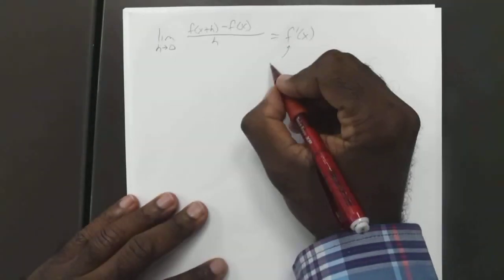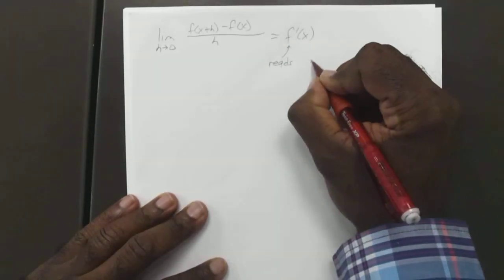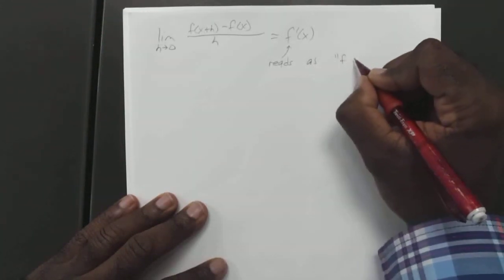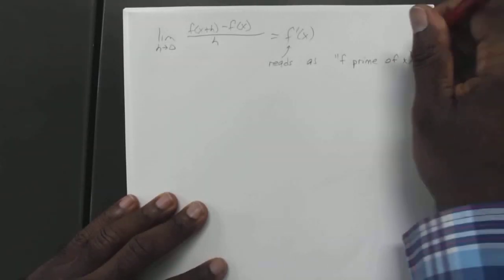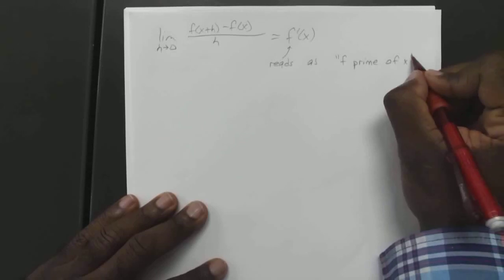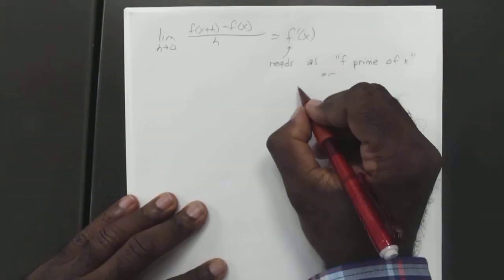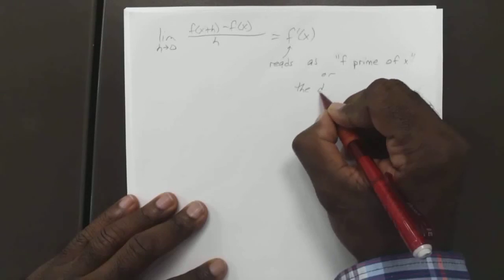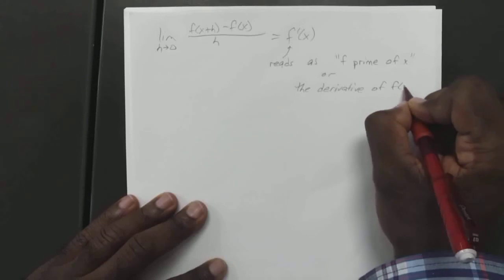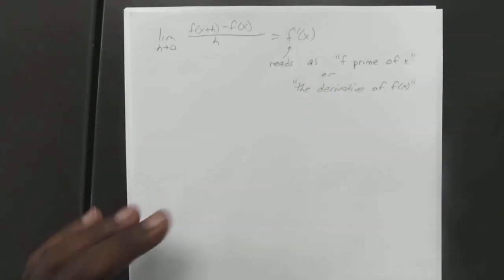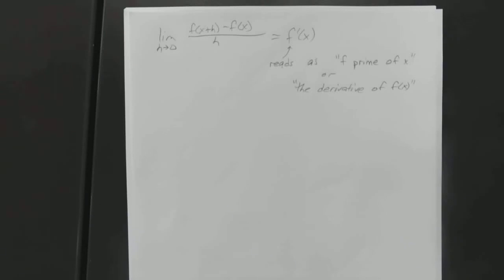So this can be read one of two ways: f prime of x, or the derivative of f of x. Okay, so if you see the derivative of f of x or f prime of x, it's really just the same thing.